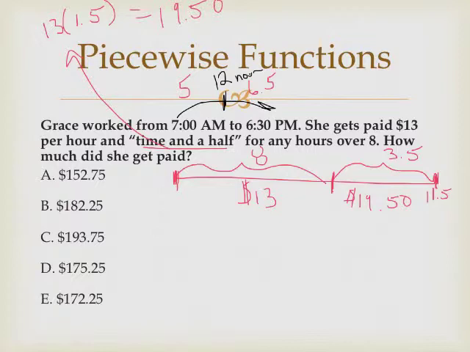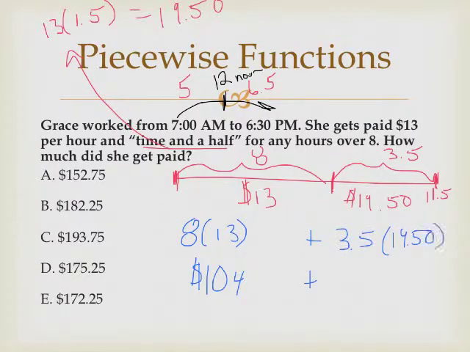Then I want totals. How much money does she make working for 8 hours at $13 an hour? That comes to $104. And how much does she make in overtime pay, which is working 3.5 hours at $19.50 per hour?